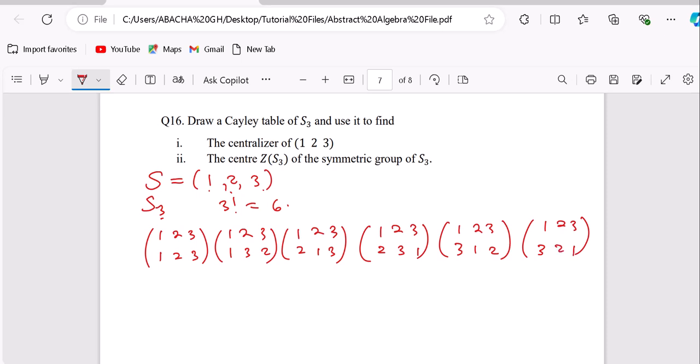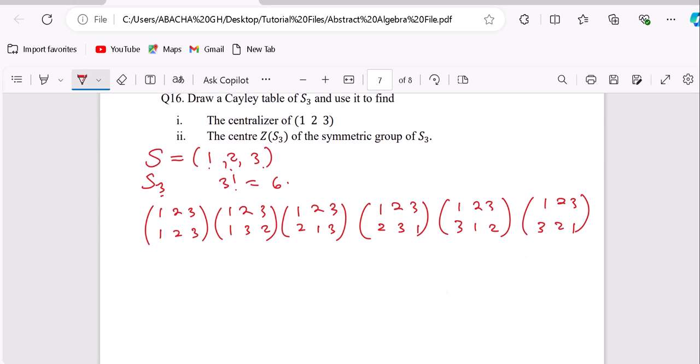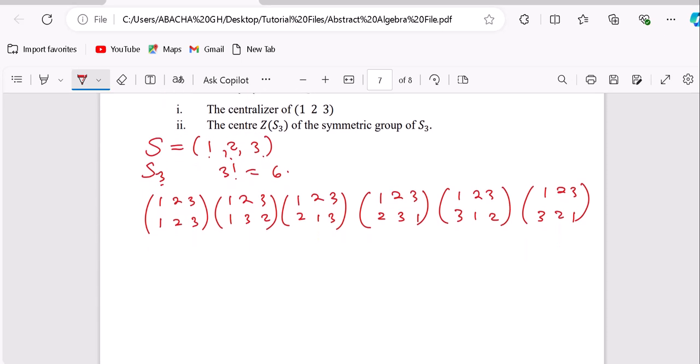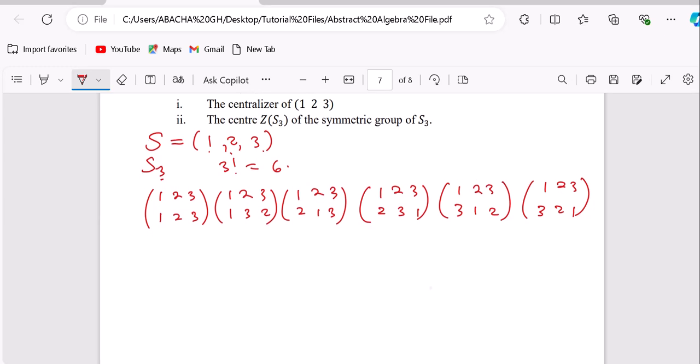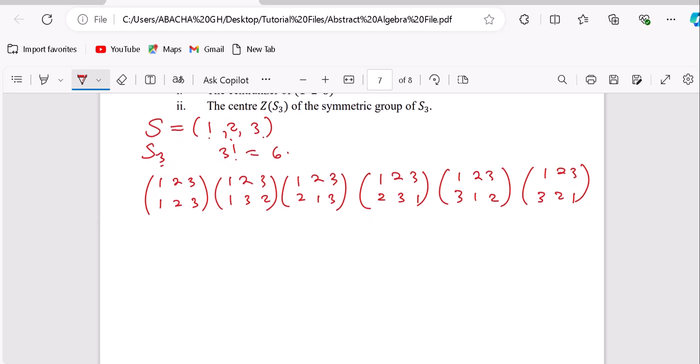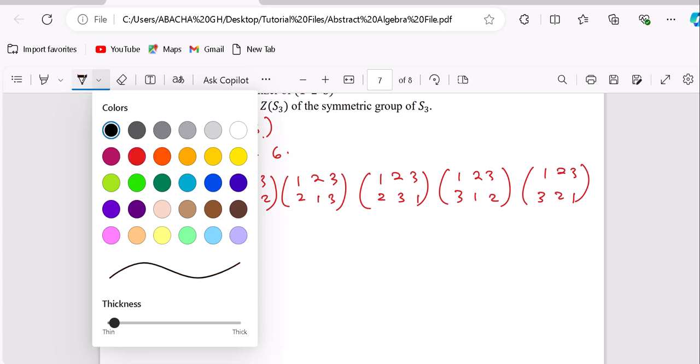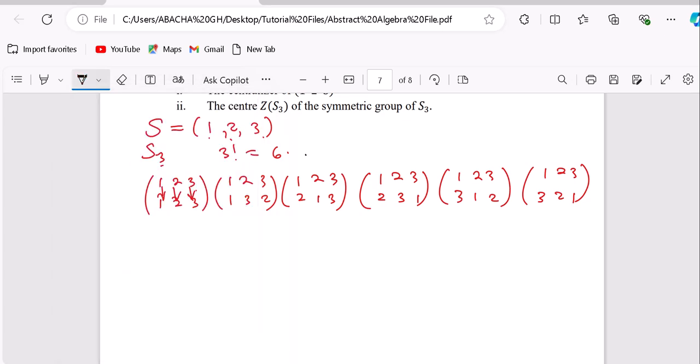And so we are done forming our group elements, which we can now write as cycles. The first one, everything is fixed, so we don't need to do anything. When we come here, 1 is fixed, but 2 goes to 3 and 3 goes to 2, so that's (2 3).